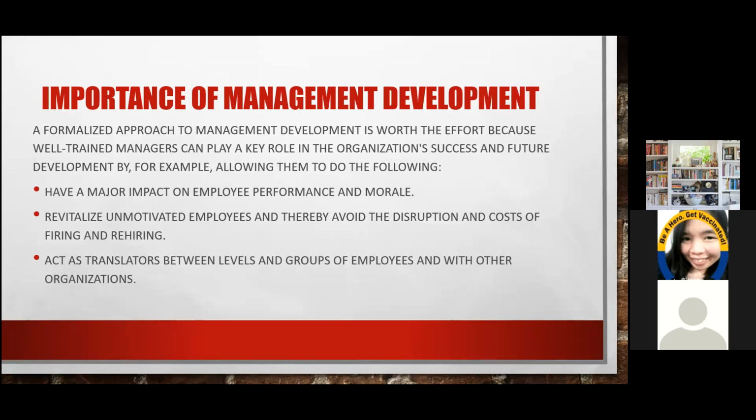One, to have a major impact on employee performance and morale, to revitalize unmotivated employees and thereby avoid the disruption and cost of firing and rehiring, act as translators between levels and groups of employees and with other organizations.